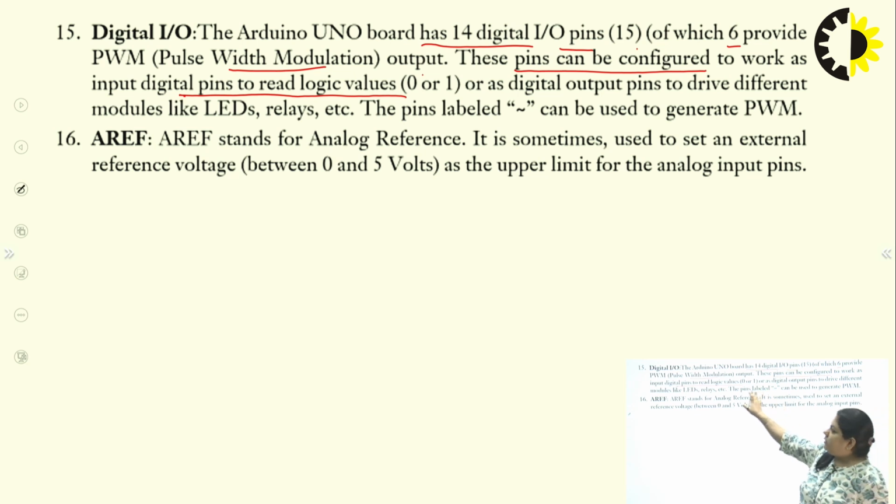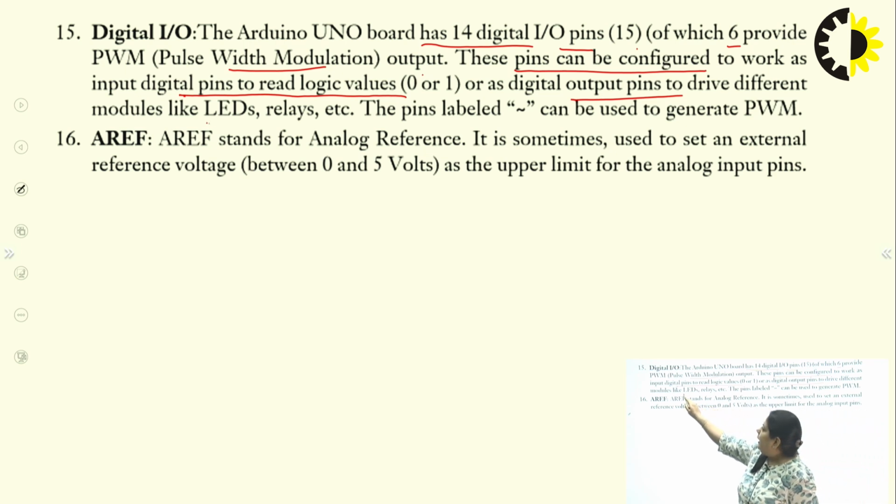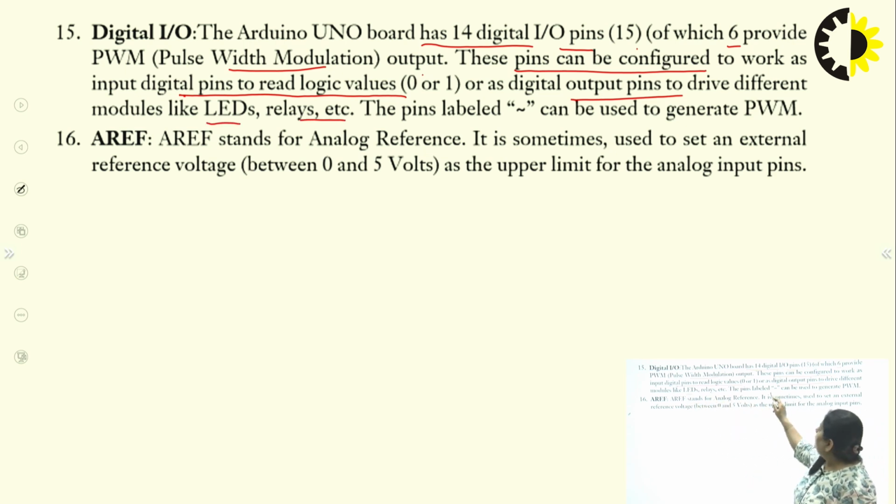So in the digital input output pins, 6 pins are used for pulse width modulation, and the rest of the pins are used to read input and output digital logic values, or as digital output pins to drive different modules like LEDs, relays, etc. The pins labeled as this can be used to generate pulse width modulation.